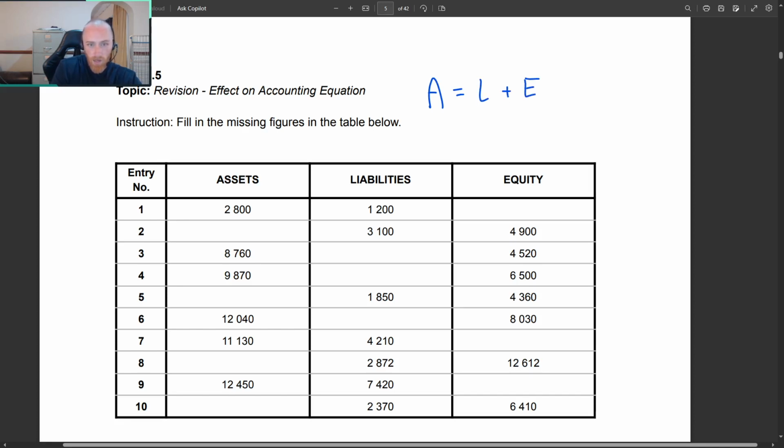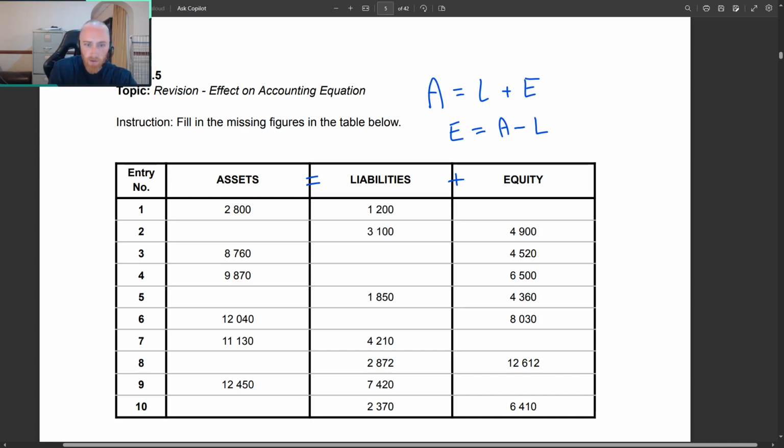So depending on what you want, you'll need to do a little bit of algebra to get things in the right order. For example, in this case, you want equity. If you did algebra with the accounting equation, you would say equity is equal to assets minus liabilities.